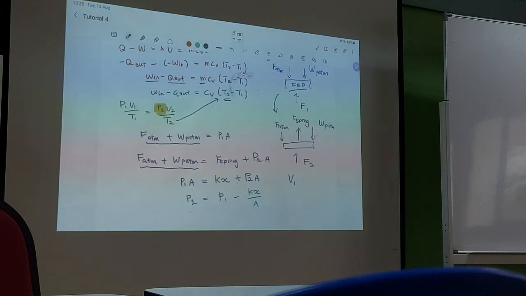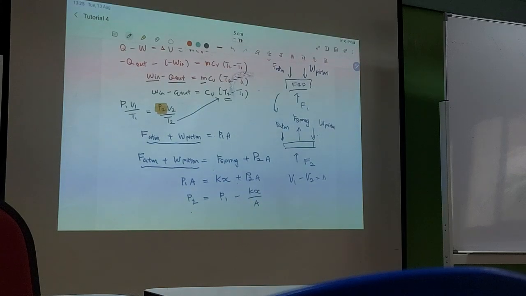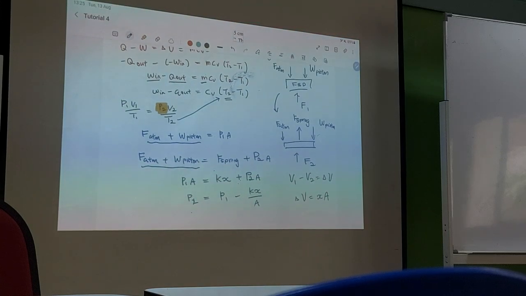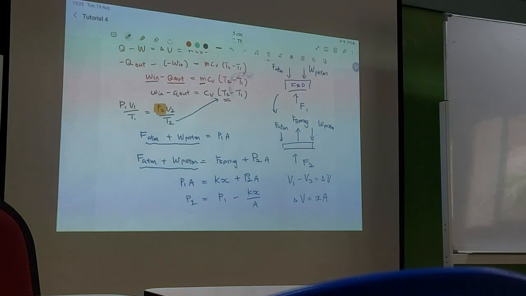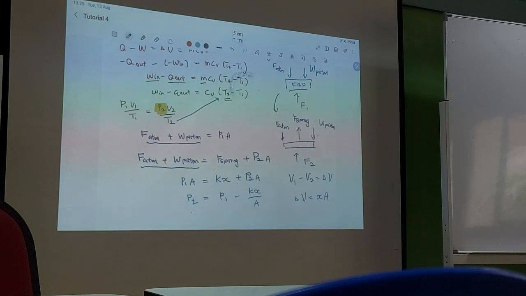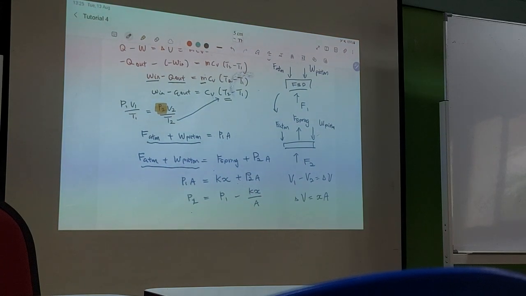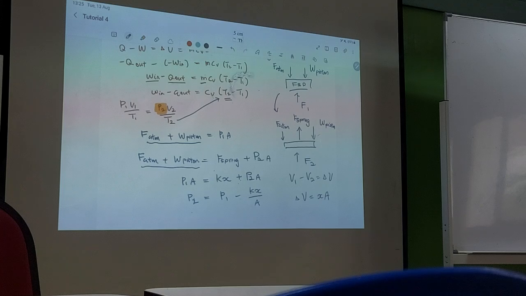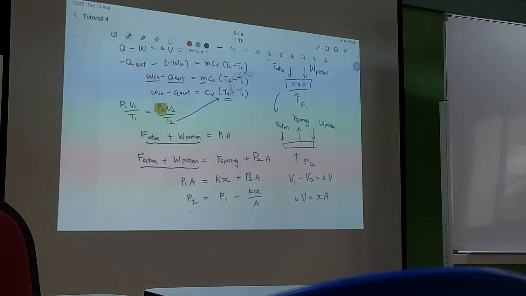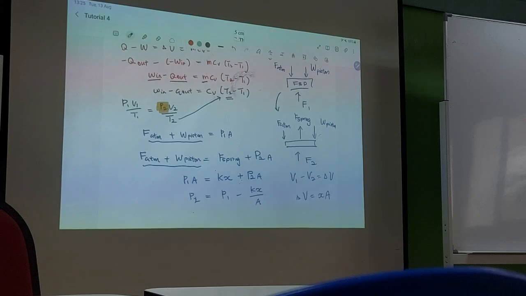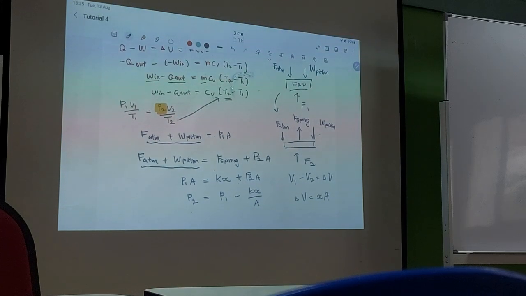You know the final volume basically, V1 minus V2 equals delta V, then delta V will equal x multiplied by area. So from here you can calculate x. Then you can get P2. So once you get P2, then you can get T2, then you can solve this equation. So then you can get the internal energy.